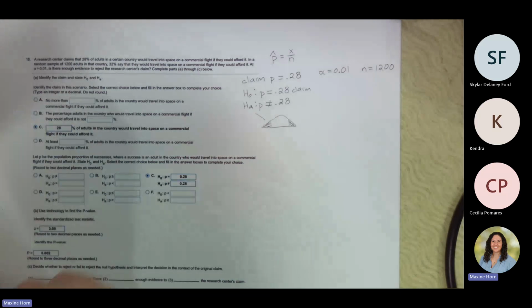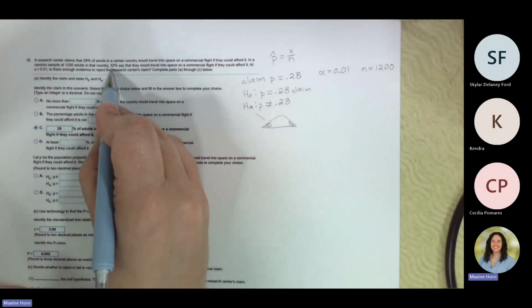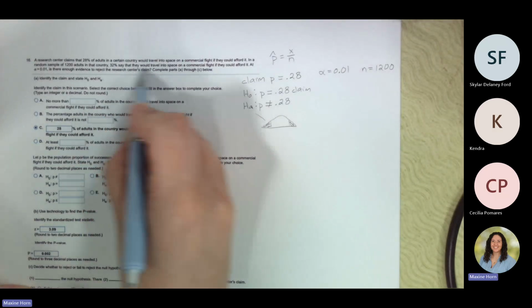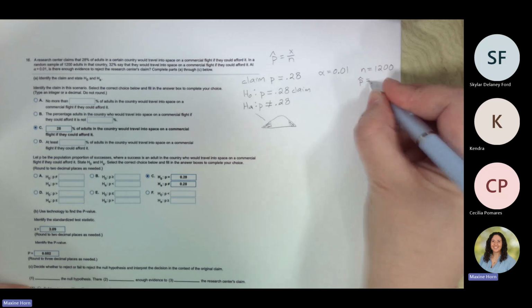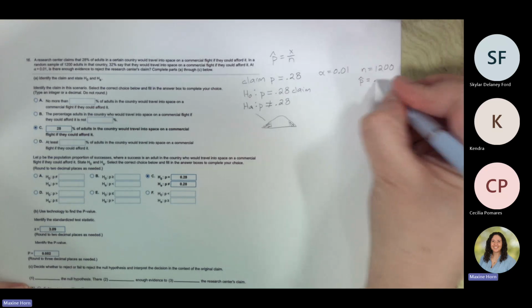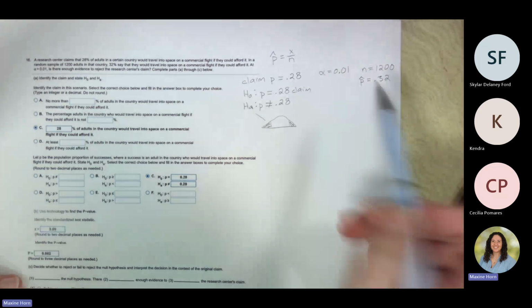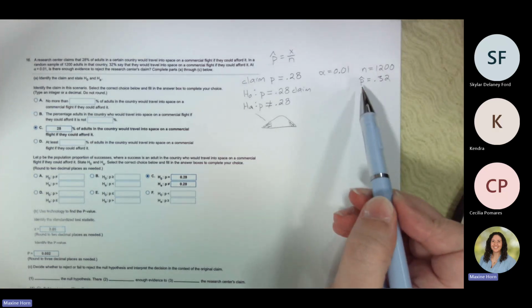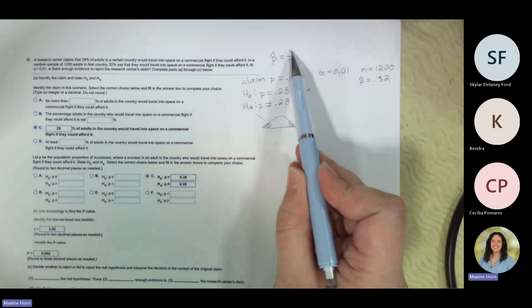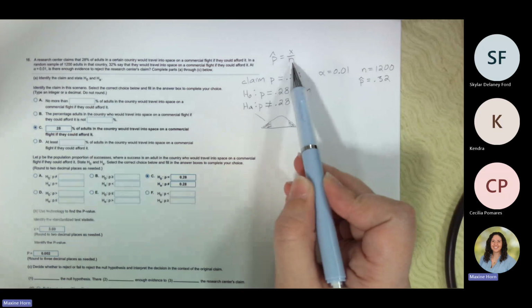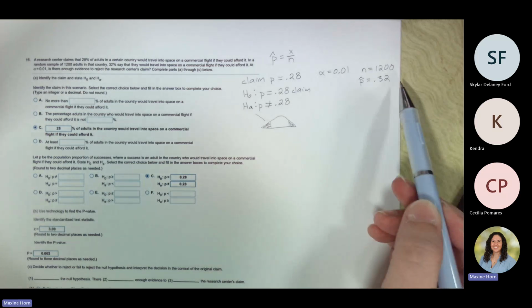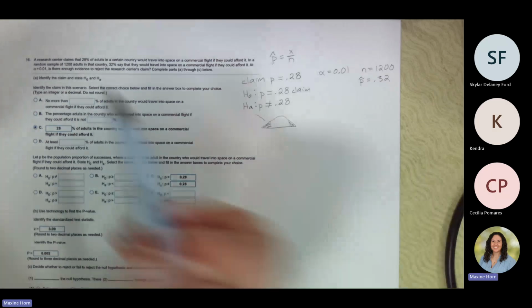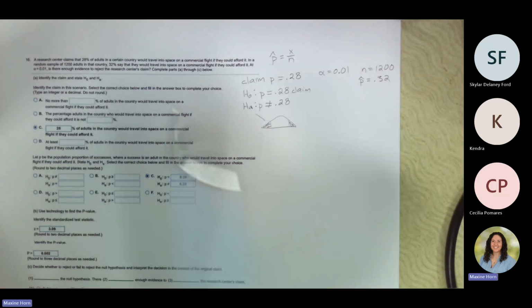Okay, so they gave us our n, and then they said 32% say that they would do this. So that's our sample proportion. That's our p hat. It's 0.32. So we didn't have to calculate that ourselves, right? They didn't tell us how many out of the 1,200. They just gave that to us.